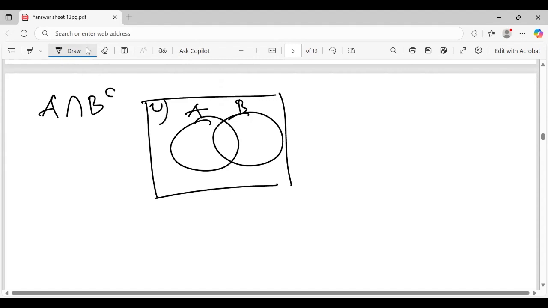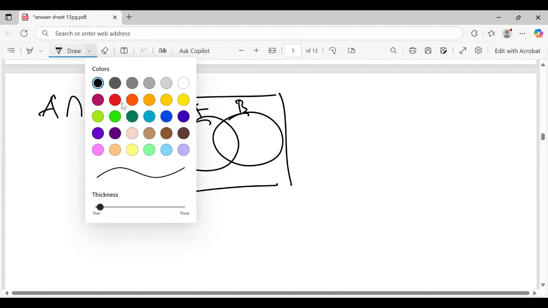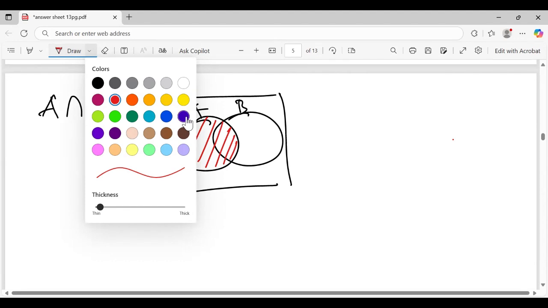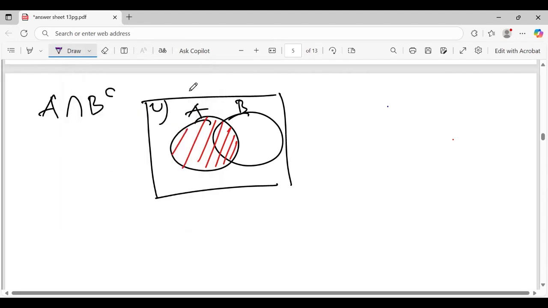First we need to find, I'm going to use this color for A. This is the set A, and B complement. But B complement does not include B, okay, this is not B.